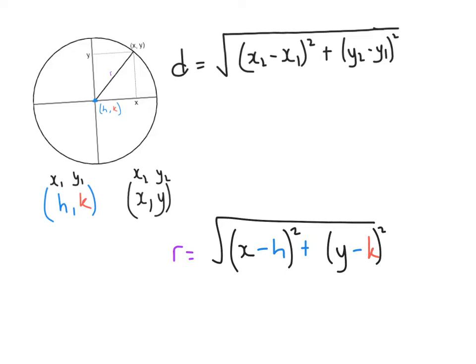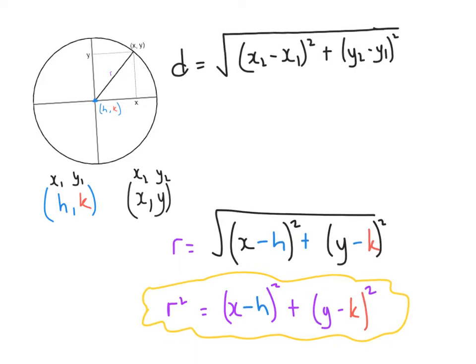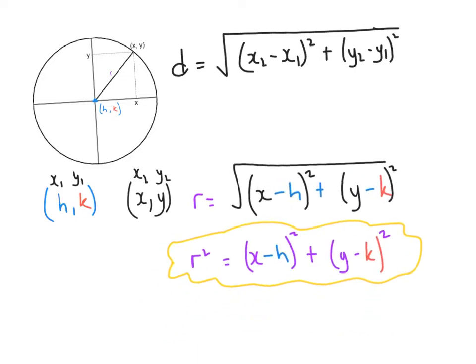If we square both sides to get rid of our square root sign, we get r squared is equal to x minus h, all to be squared, plus y minus k, all to be squared. And that formula there is our equation of a circle formula. That's the very basic formula we have for finding the equation of a circle.